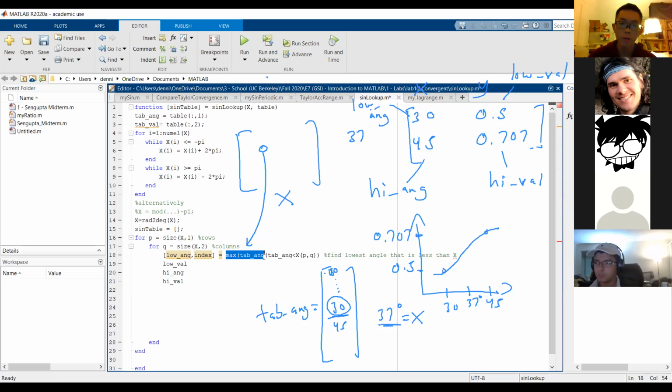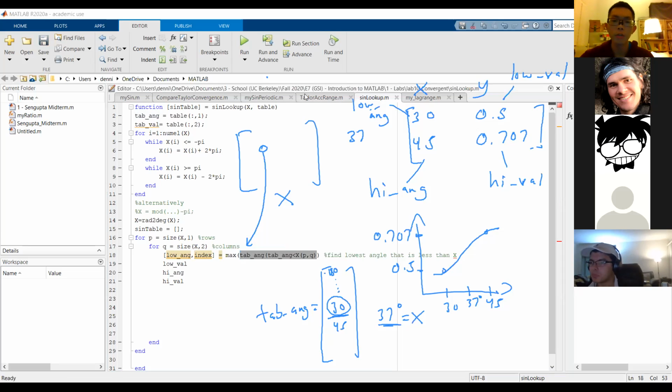Here's the format we're using. I'll read this out loud. The maximum value of the maximum angle that satisfies the condition: the angle is less than x. If you're curious, this right over here is going to be like the entire table, covered up so it's just going to be the values that are less than 37.